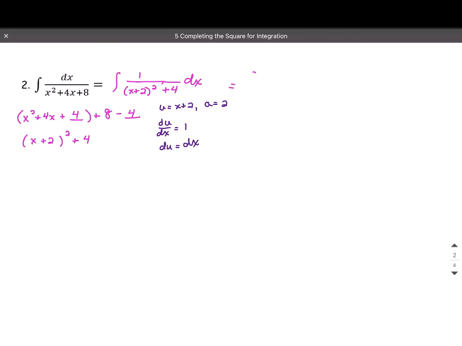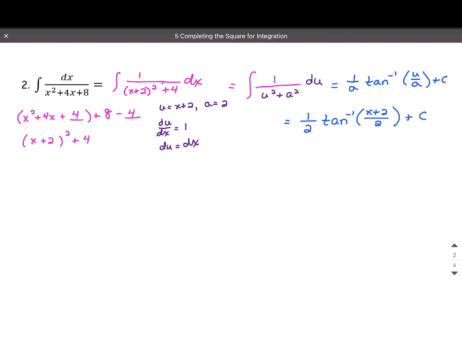That means I'm going to have the integral of 1 over u squared plus a squared du. If I integrate this, that's again in that arctan form. So that's 1 over a tan inverse of u over a plus c. So that becomes 1 over 2, tan inverse, my u is x plus 2, over my a is 2, plus c. There we go. Another one done.